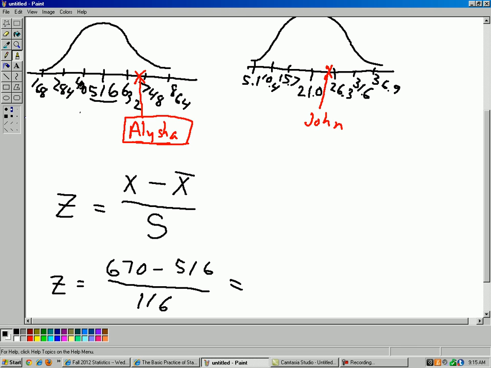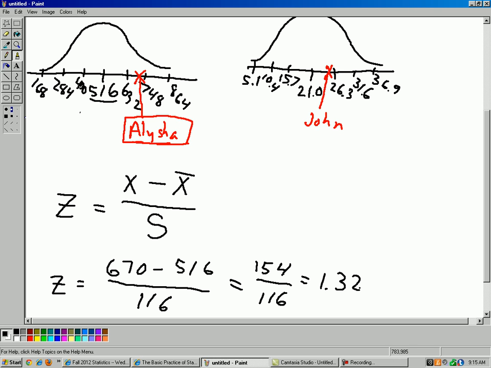And that's going to be 670 minus 516 is 154, which tells us that Alicia's score in terms of points on the SAT test was 154 points above average, divided by 116, which is about 1.32.